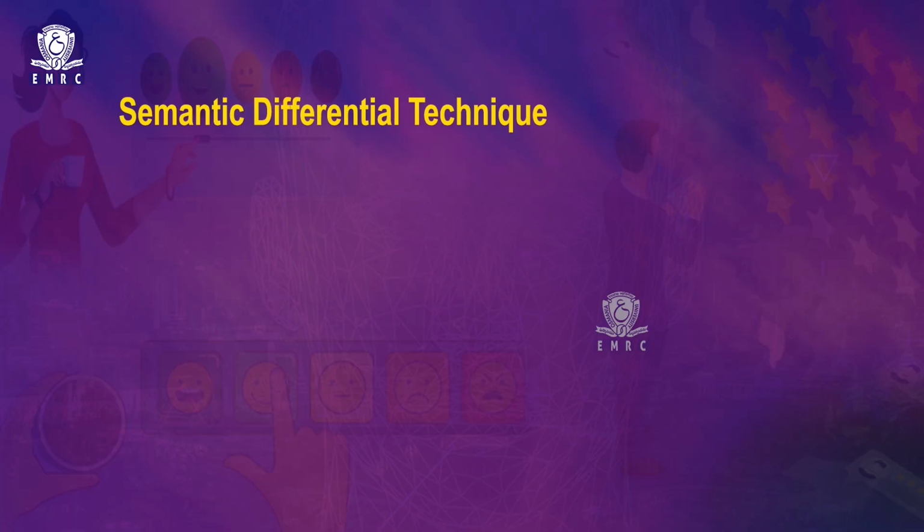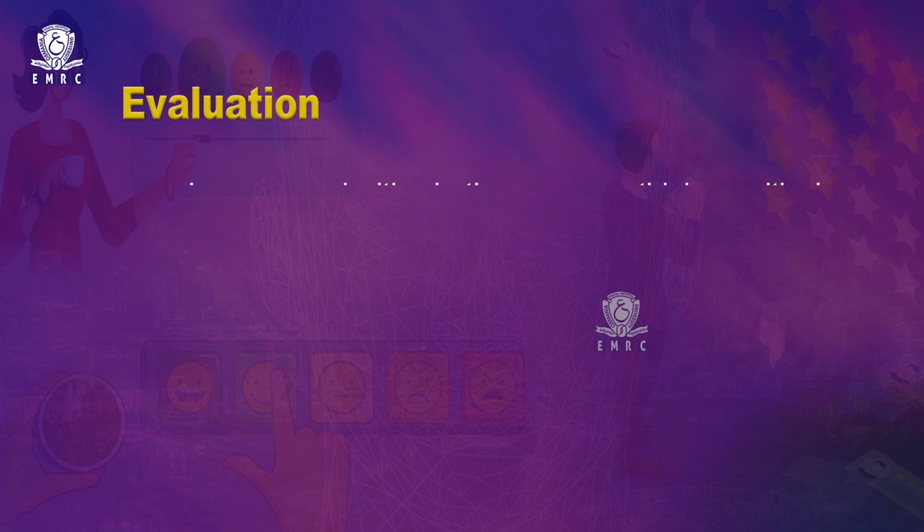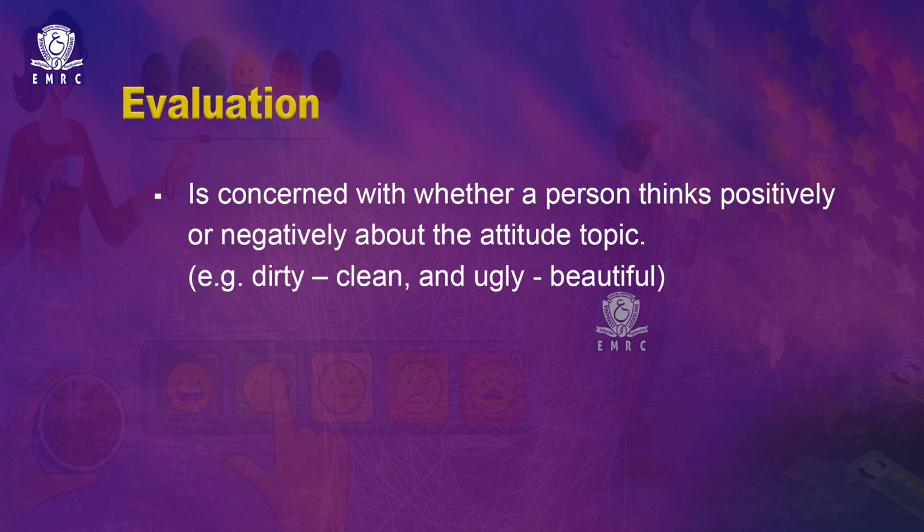The semantic differential technique reveals information on three basic dimensions of attitudes. The first is evaluation, the second is potency, that is the strength, and the third is activity. Evaluation is concerned with whether a person thinks positively or negatively about the attitude topic at hand, for example, dirty or clean, ugly or beautiful.